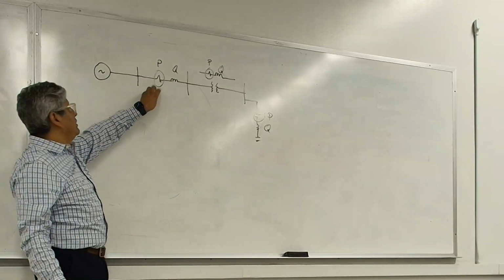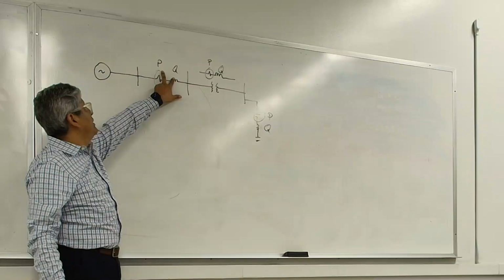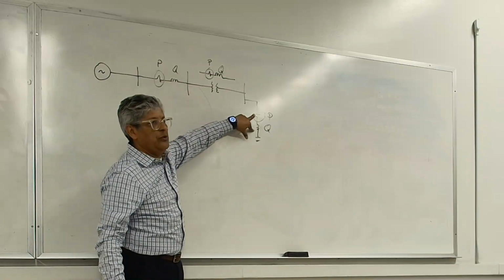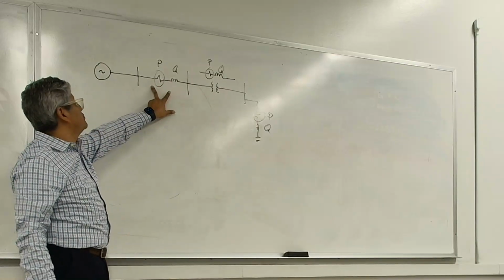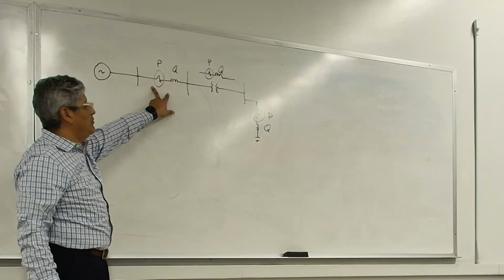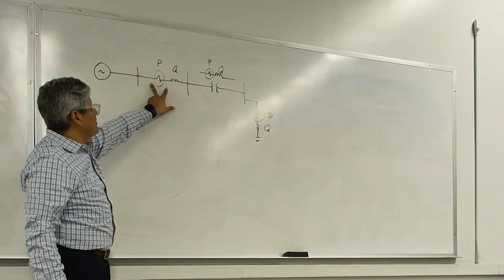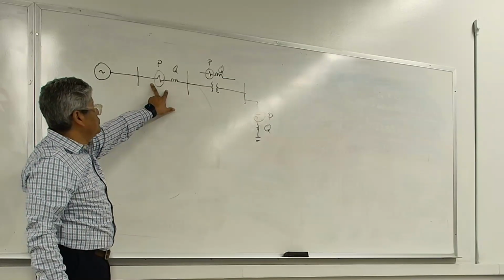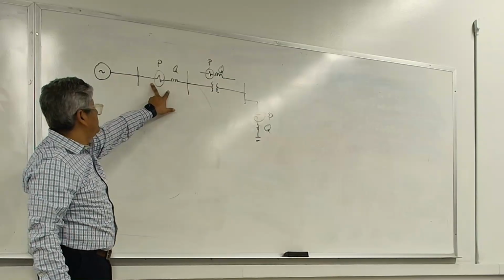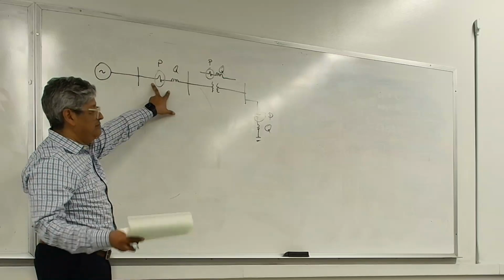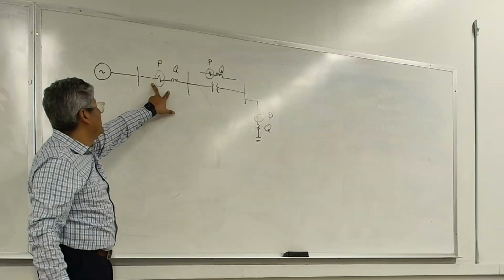Your line hopefully will have very, very small P and Q in comparison to the load. There's a lot of work that goes into minimizing the amount of vars and watts, or the amounts of real and reactive power, used by the line. You'll probably talk about transmission lines next semester if you take power system analysis.